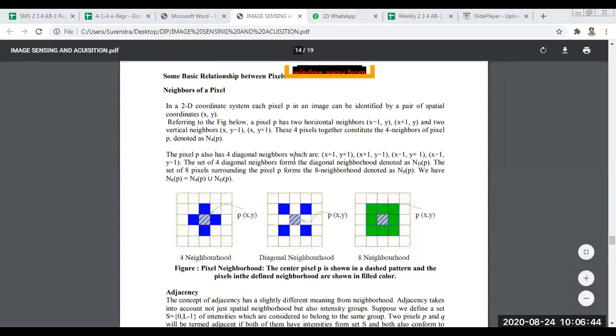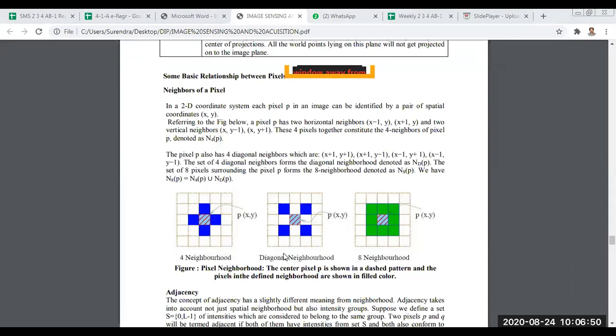Okay, come to the next. In the second figure, the diagonal neighborhoods. What are the diagonal neighborhoods? Here also there are diagonal neighborhoods. Those are, see here, x plus 1 comma y plus 1, similarly x plus 1 comma y minus 1, x minus 1 comma y plus 1, and x minus 1 comma y minus 1.